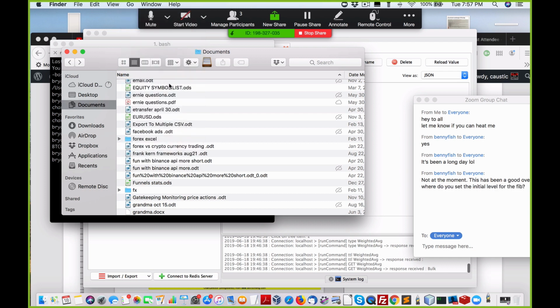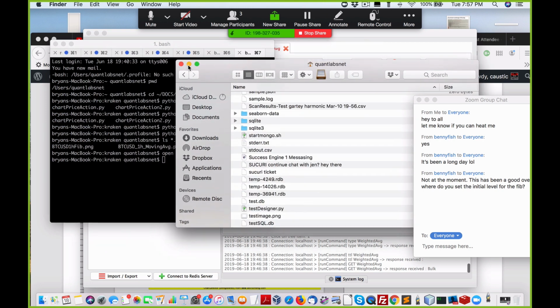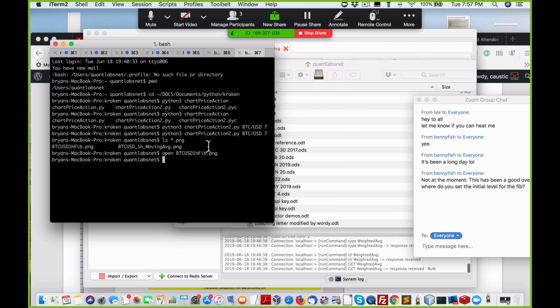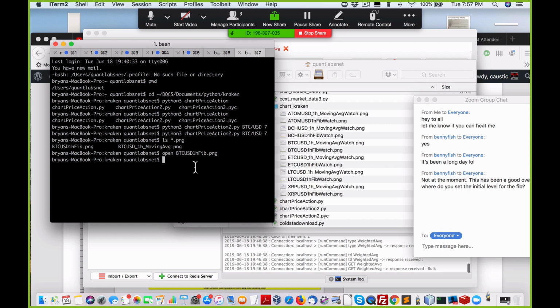Oh, where do you set the initial level for the Fib? Well, I can show you what I do. Now, remember, I ran that chart on the 7-day. What I usually do is a 2-day, which is much more granular to watch.